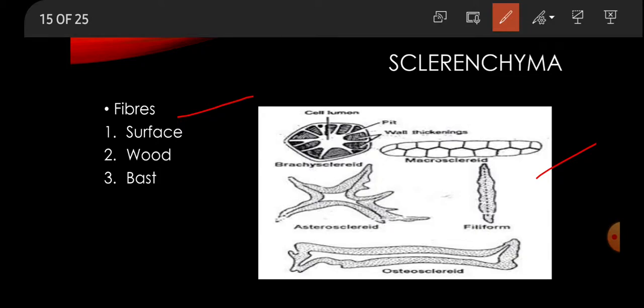Now in brachysclereid, the sclereid is present in the form of a branch, and inside we can see the cell lumen present, and outside there is wall thickening.